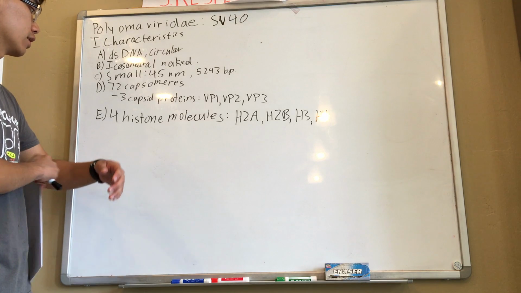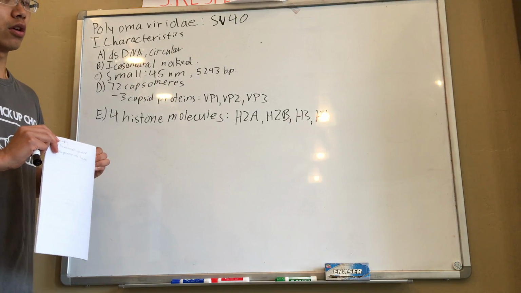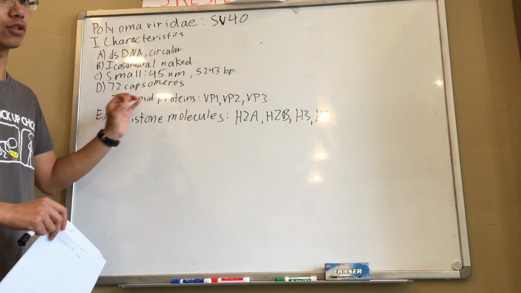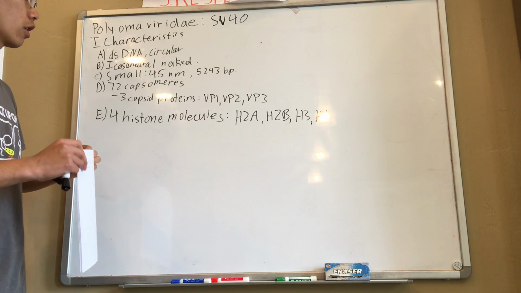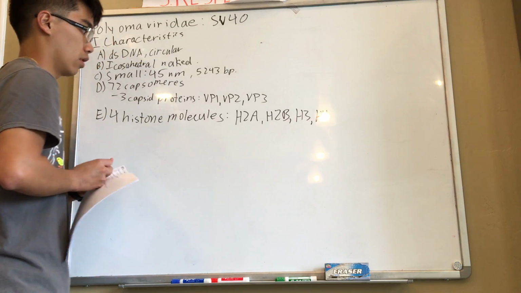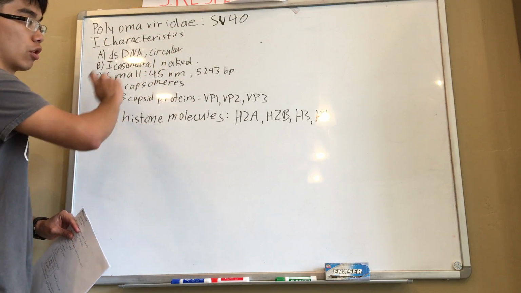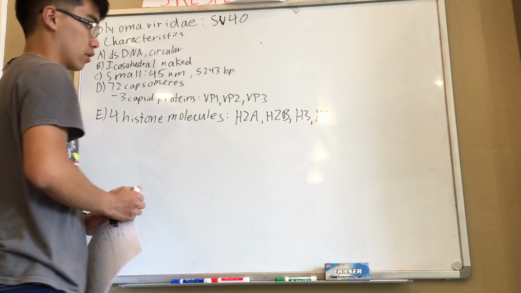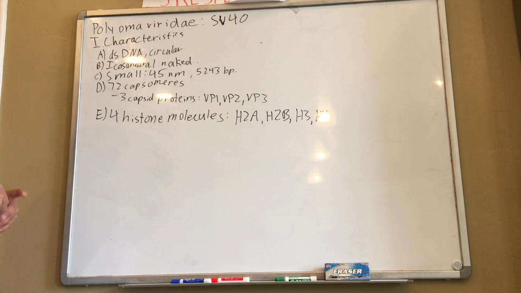Because this thing acts as a miniature chromosome, you can also see how it can cause tumors in eukaryotic cells. So yeah, just think of this as a miniature chromosome. These histone molecules are the same histone molecules that our cells would use.